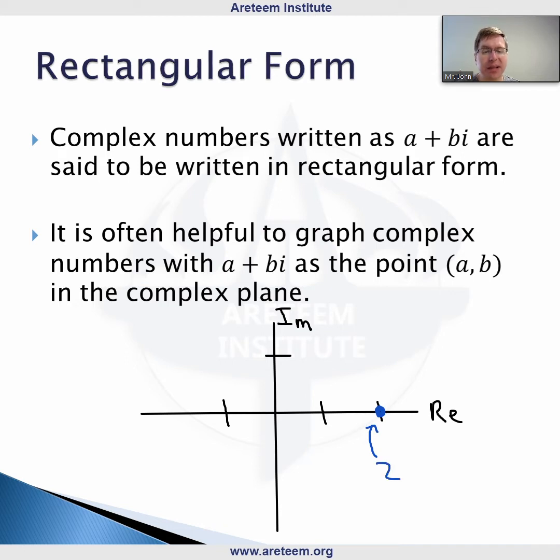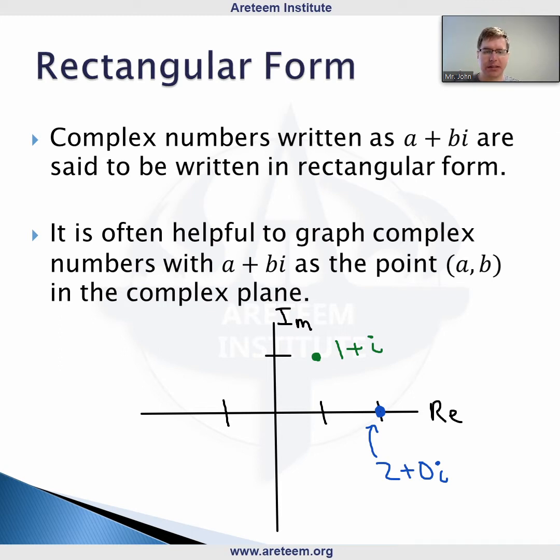This looks maybe a little weird, but remember 2 is really 2 + 0i. So this becomes the point (2, 0), and we graph it right there in the complex plane. If we have a point up here, this would be 1 + i, or 1 + 1i.